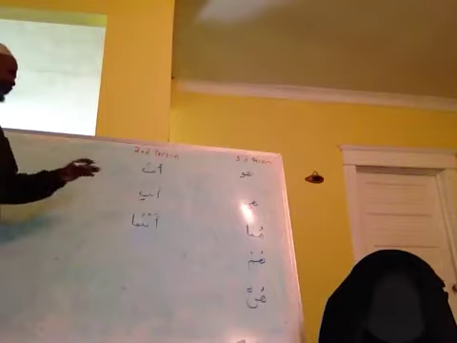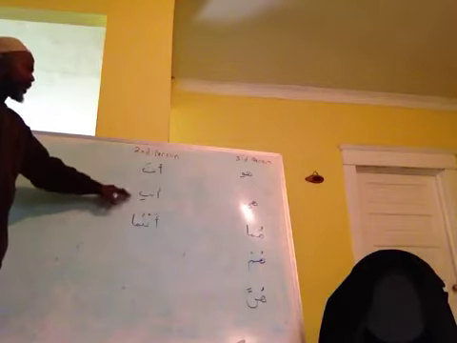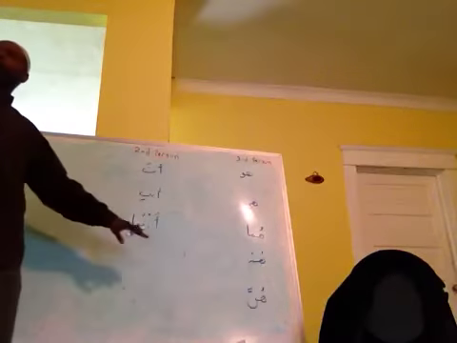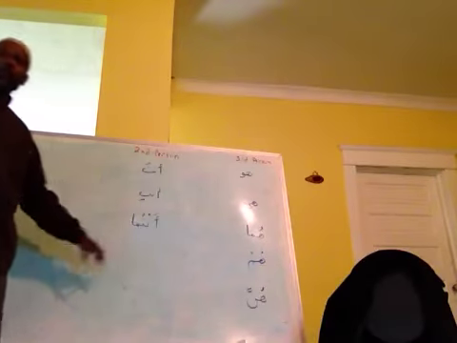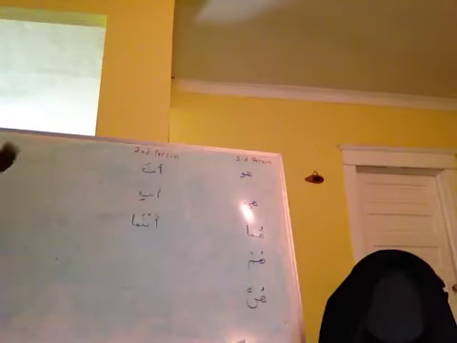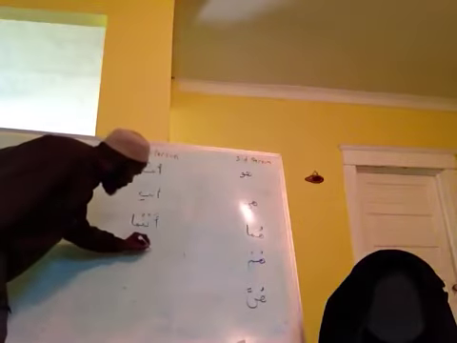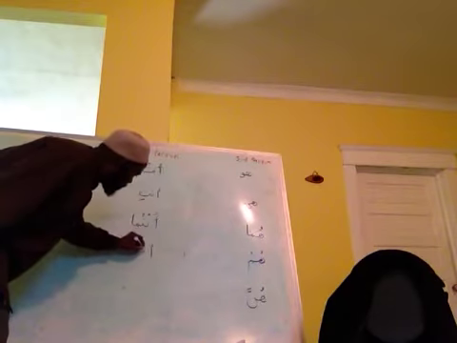After anta, anti, antuma, singular and dual, now we're going to go to our plural. Again, in English, there's only one word, you. But in Arabic, the plural for anta is antum.